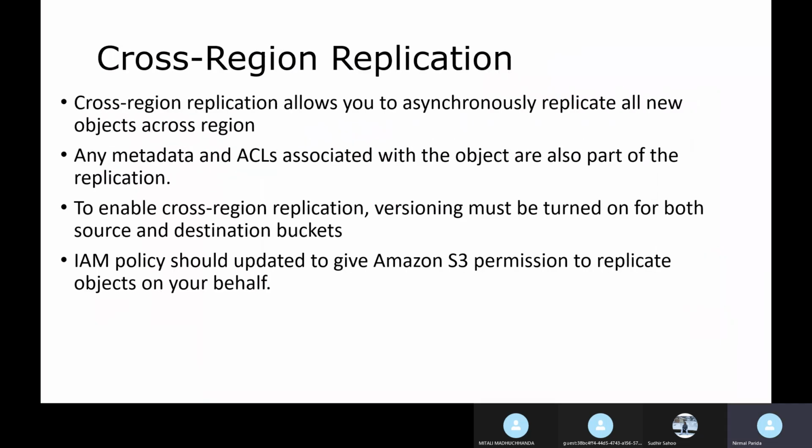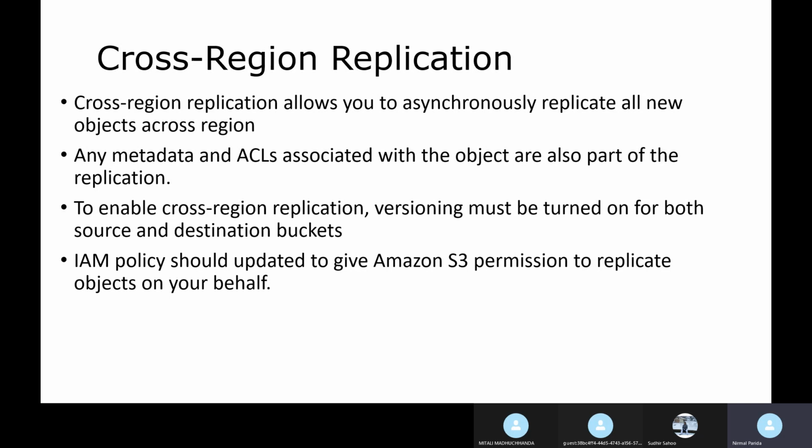Cross region replication. So basically our S3 bucket comes under a region. There are multiple regions in AWS. Cross region replication allows you to asynchronously replicate all new objects across a region. That means if you enable cross region replication, your object from one bucket can asynchronously replicate.